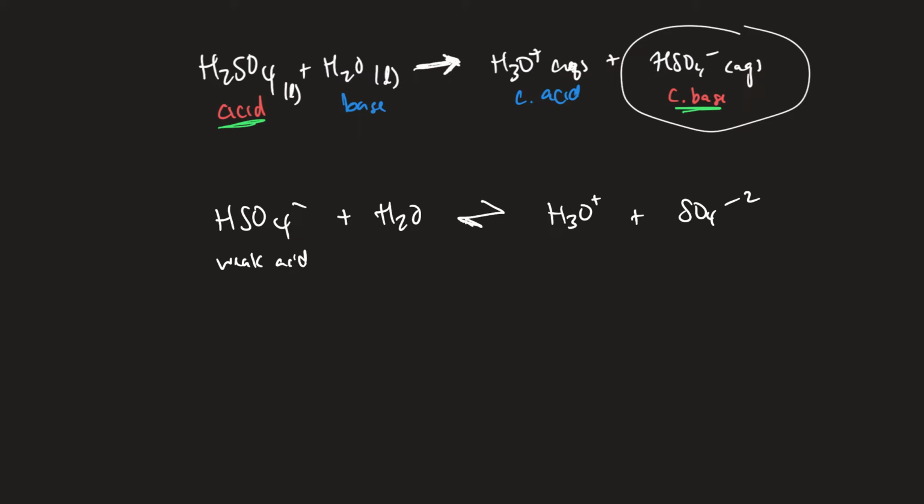Now the reaction can actually go both ways. The hydrogen sulfate could dissociate, and some of it will dissociate to become the sulfate ion. At the same time, this reaction can go in reverse, where the sulfate reacts with the hydronium to make hydrogen sulfate again.